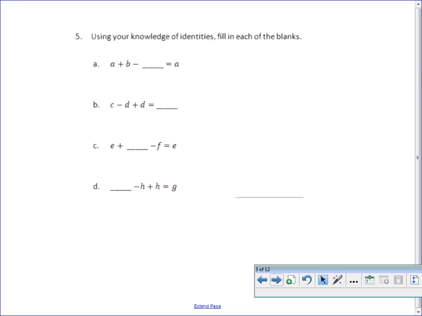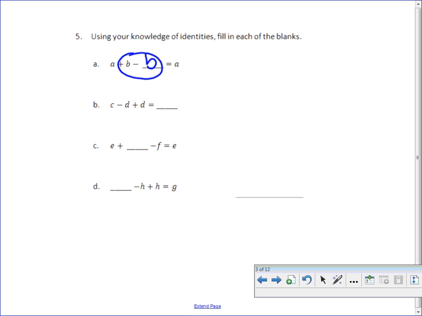Do you remember? This is an exact question from Lesson 1. We talked about finding the identity. So A plus B minus what gives us A? B. Right. If I'm adding something to it and taking that same something away, I have the identity.